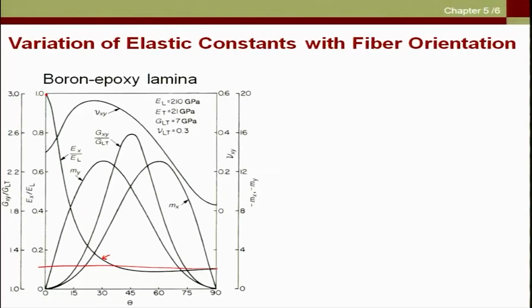At 90 degrees it becomes 21 GPa, because ET is 21 GPa, but it goes below that somewhere between 45 and 60 degrees.